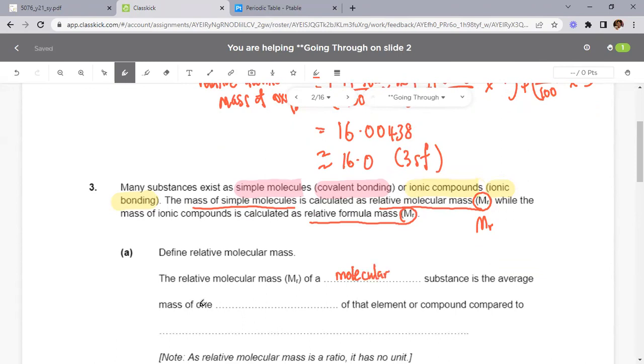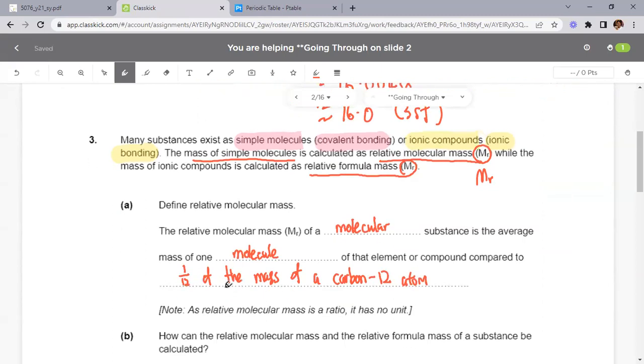It is the average mass of one molecule of the substance compared to what? Compared to the same thing, 1/12 of the mass of a carbon-12 atom.